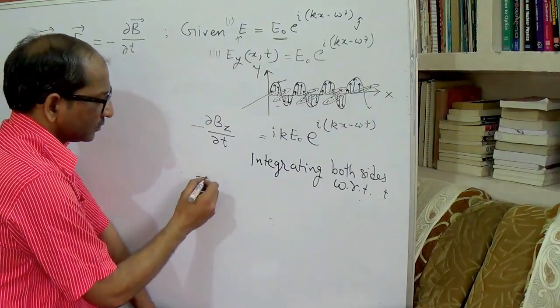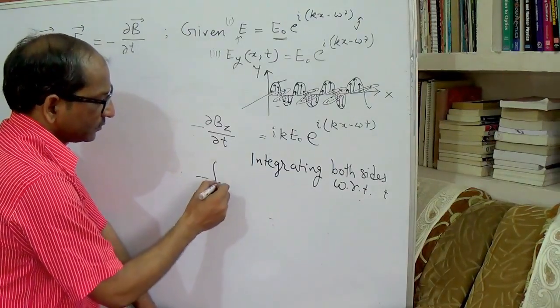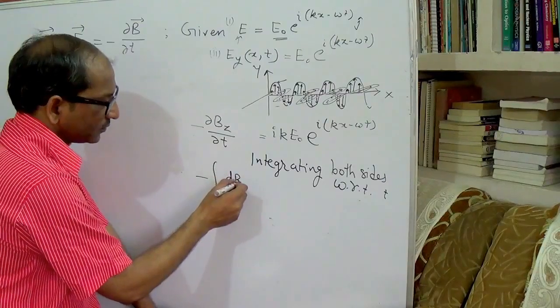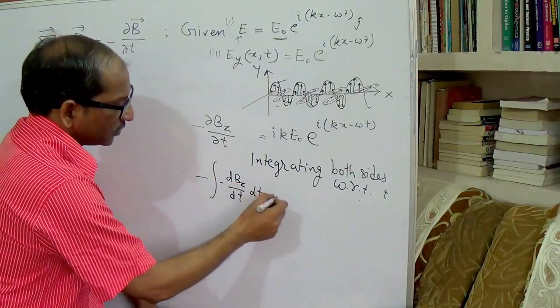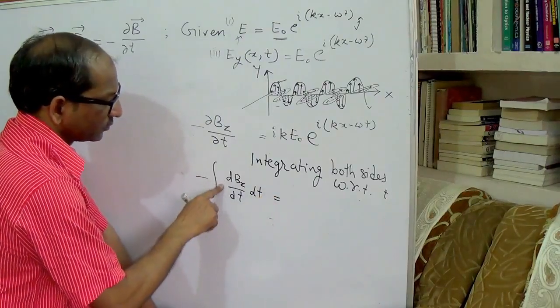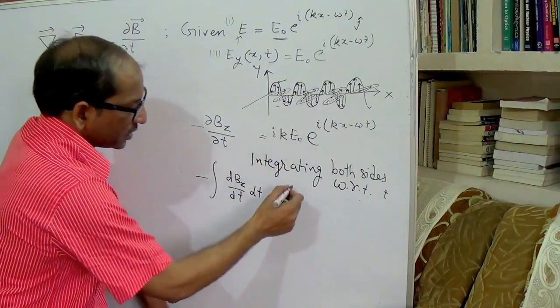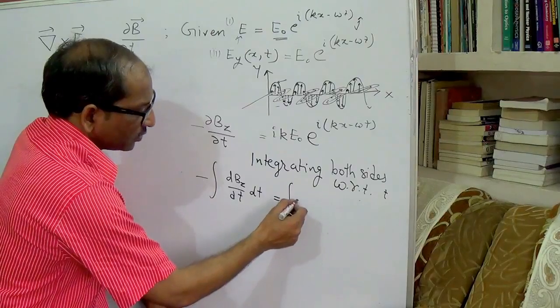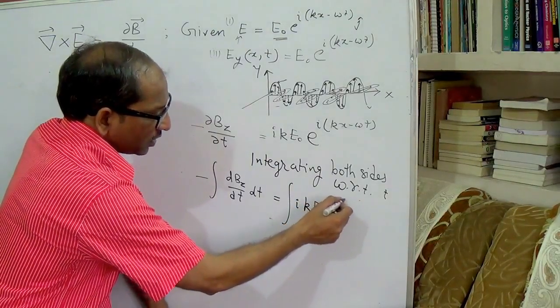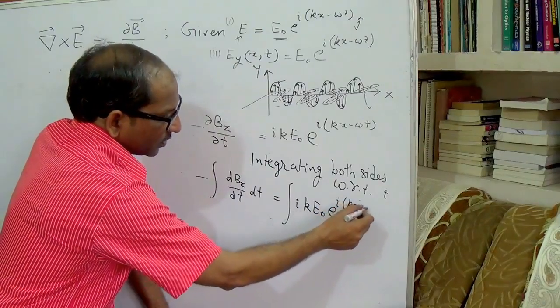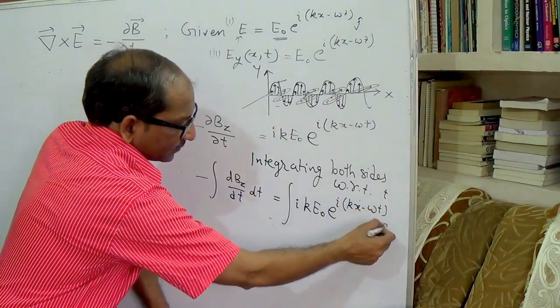So writing it properly, ∫ ∂Bz/∂t dt is equal to the integration of iota k E naught exponential part e to the power iota (kx minus omega t) dt.